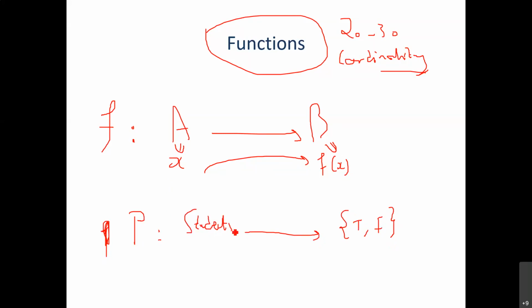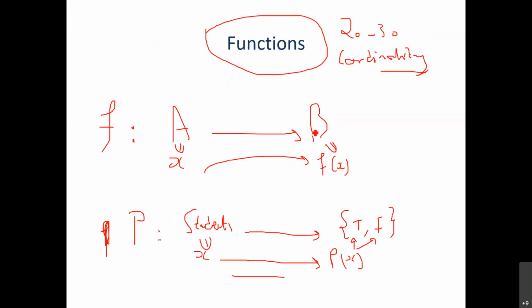So before we were always saying, if x is a student, then P of x is either going to be mapped to true or to false, depending on the truth value of that statement. Like x has a driver's license: depending on the student, do they really have a driver's license? If yes, true, else false, and so on.